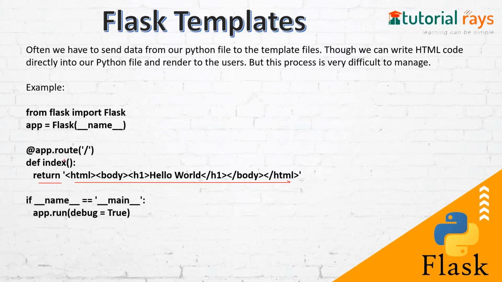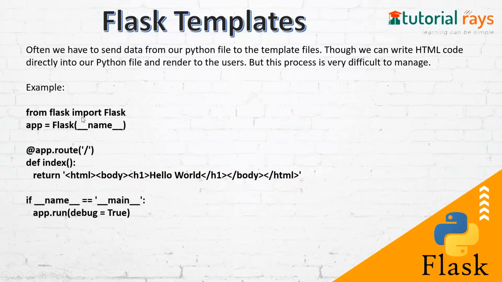That means directly into our Python application. As long as this is small, that's fine. But you know, web pages are not so simple. They can be very complex. In that case, handling this kind of structure will be very difficult. So to avoid this, we will be using Jinja template, which I've already discussed.